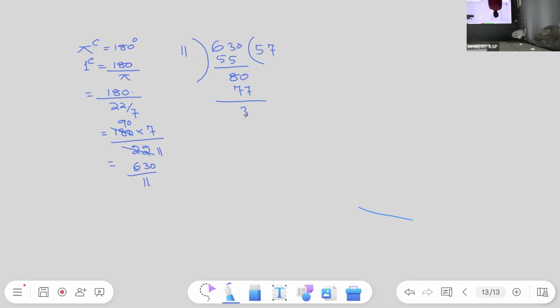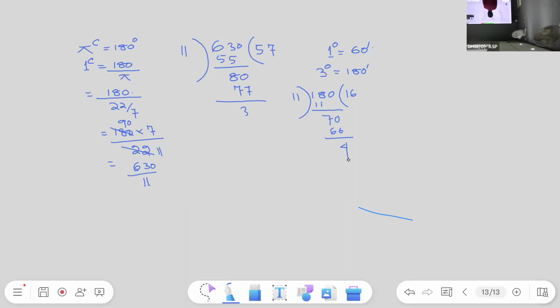We can't divide 3 by 11, so we have to convert it into a sub-unit. 1 degree is equal to 60 minutes, so 3 degrees will be 180 minutes. Now divide 180 minutes by 11. 11 ones are 11, 70, 11 sixes are 66. So 4 minutes is left.